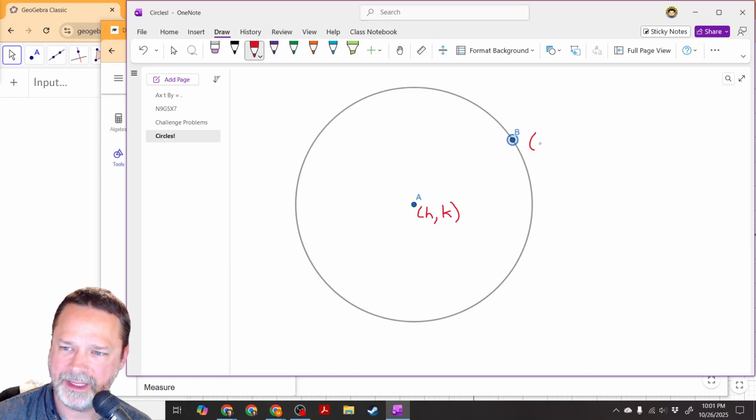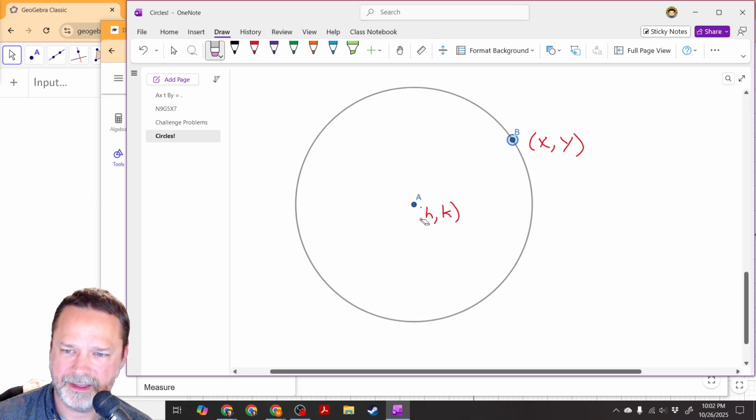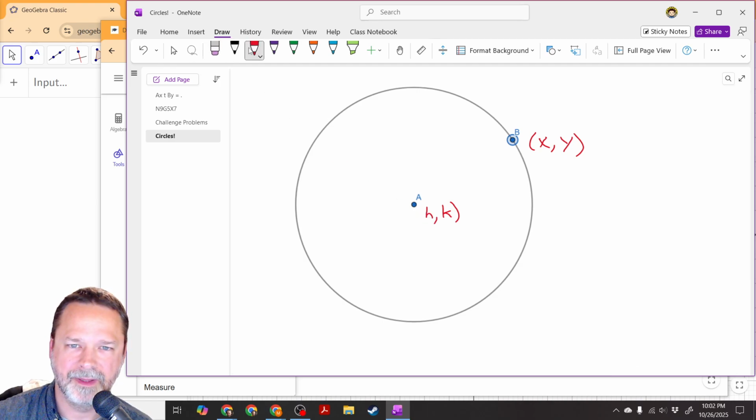And we're going to say B is any point on the circle. So that'll be X, comma, Y. Any point on the circle will be X, comma, Y, and we're going to get an equation for the circle this way. Let me see here. I don't like this. Let's make this a little bit better. Okay. H, comma, K, X, comma, Y.